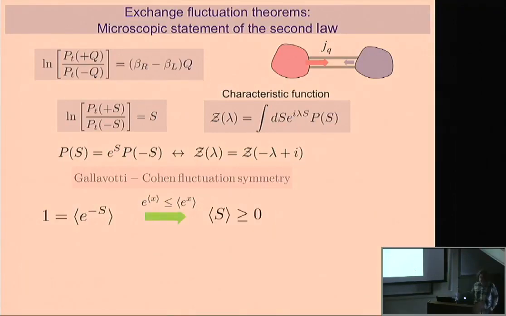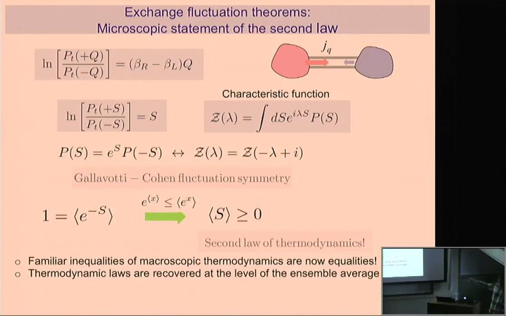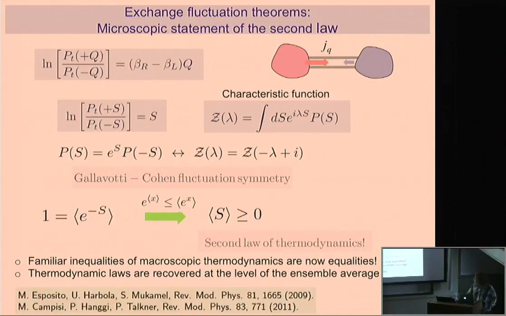And this gives us an inequality for, again, delta S, the entropy production in the process. So the main point that I want to make is that if this symmetry is satisfied, we know that the second law holds, it's done. Yeah, and there are, of course, nice reviews by people from the audience.